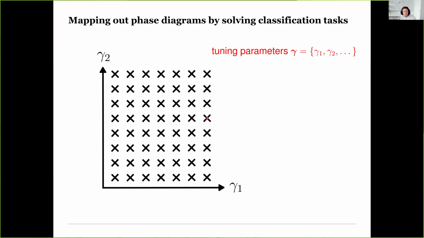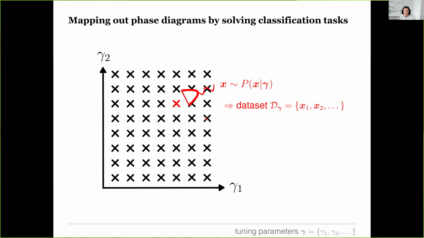At each point in parameter space, we can measure the system. The probability to observe the system in state X is given by P of X given gamma, where gamma denotes the point in parameter space with the red cross. We can repeat such measurements many times for all of our sampled points to obtain for each point a data set D gamma containing different states of the system.